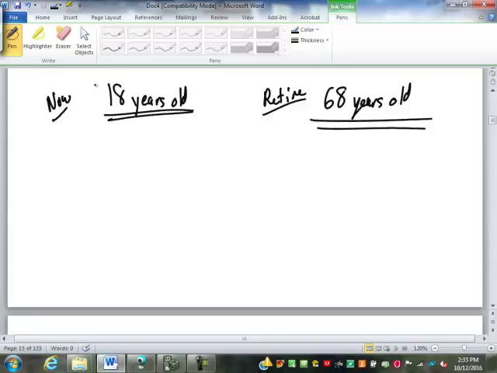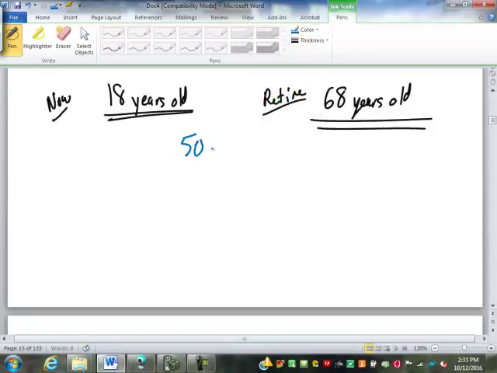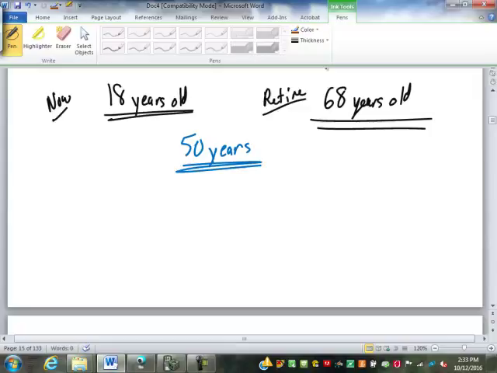And now you're at 18. That's 50 years. So we're looking at waiting 50 years between now and retirement, which, yeah, I know that's kind of a depressing thought.